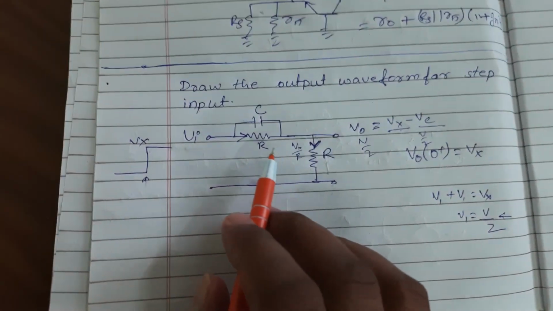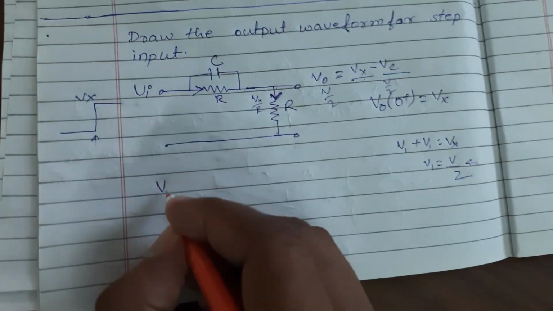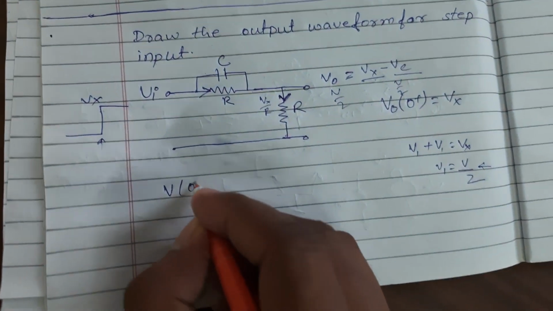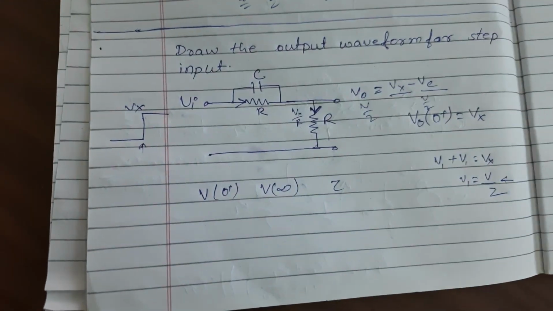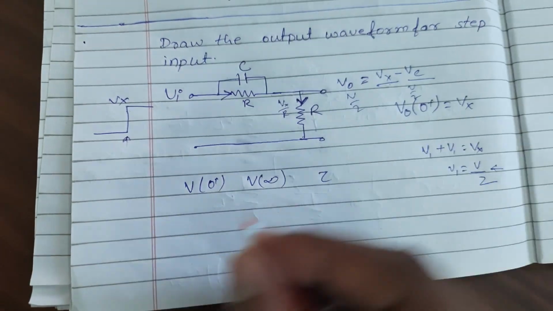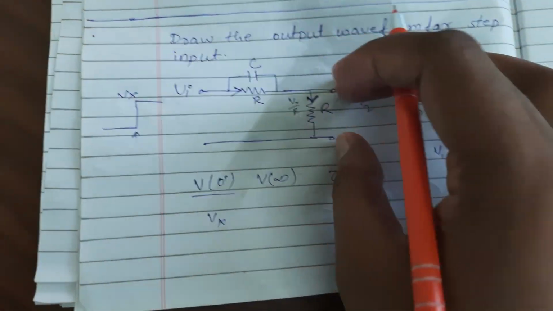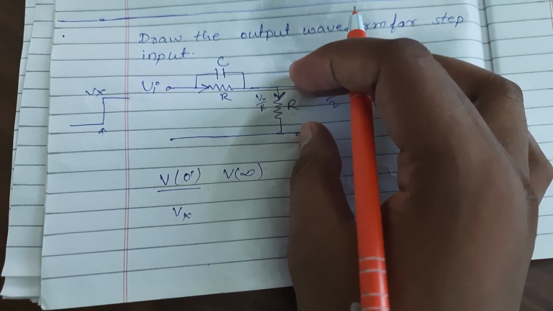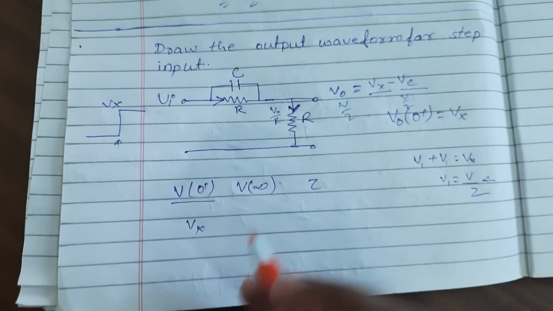So to draw the output waveform of any first order circuit, we need V at 0 plus, V at infinity, and the time constant. Across this resistor, V at 0 plus is given by Vx, as the whole voltage will come across this resistor when t is equal to 0 and this capacitor was short circuited.